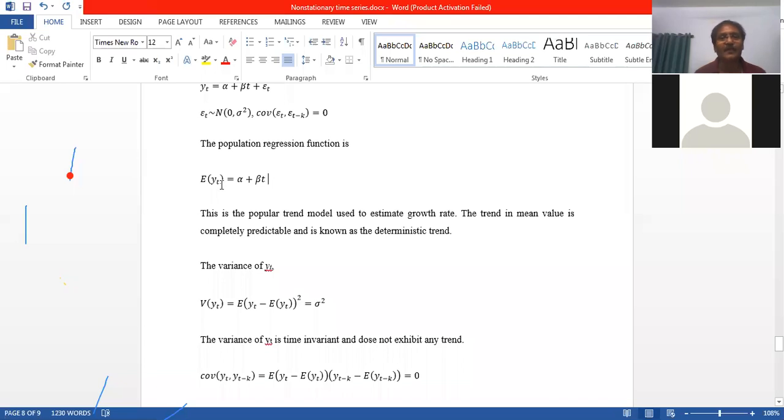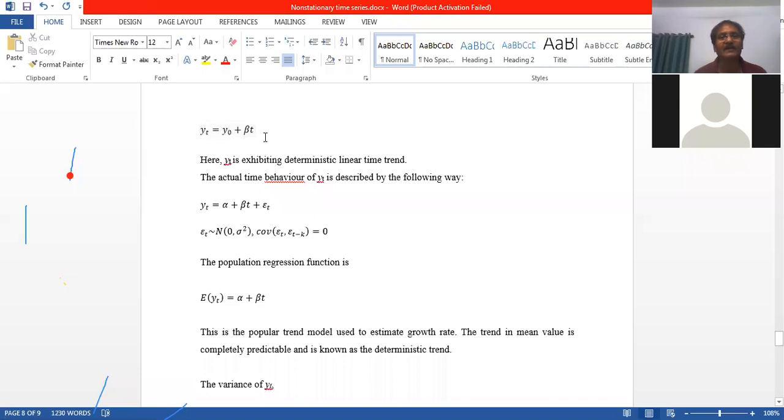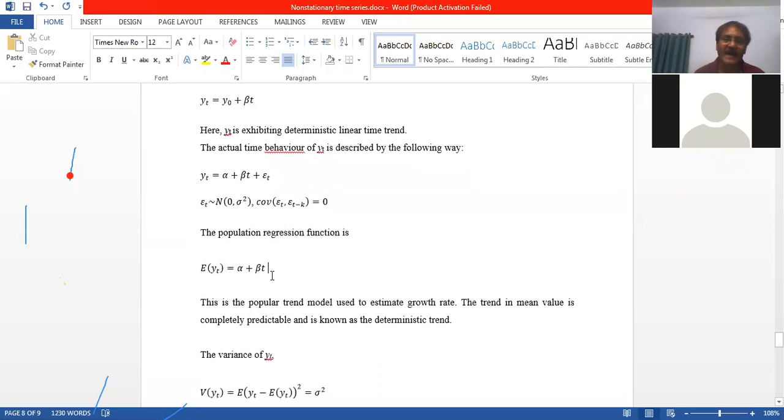So you can compare this population regression function to our theoretical relation between y and t. So what is the difference between this and this? In this expression, we have a linear relationship between the actual value of y and time. But in the population regression function, we have a linear relationship between the average value of y and time.